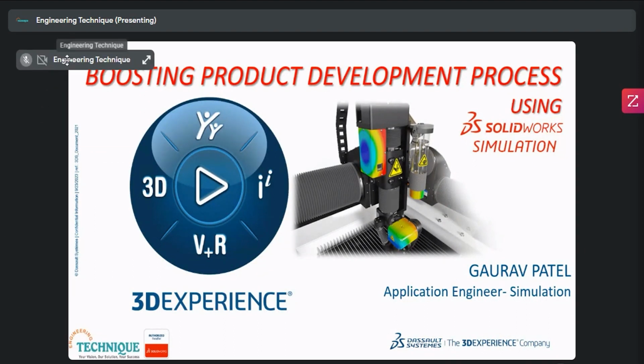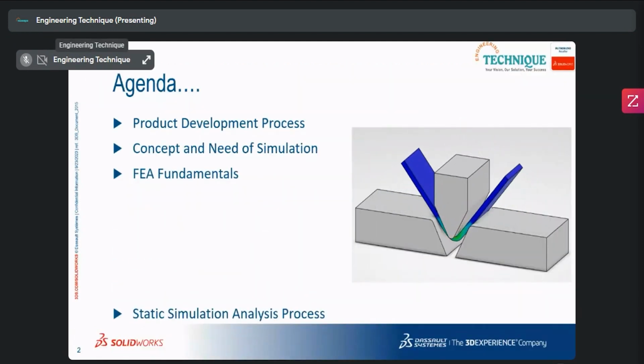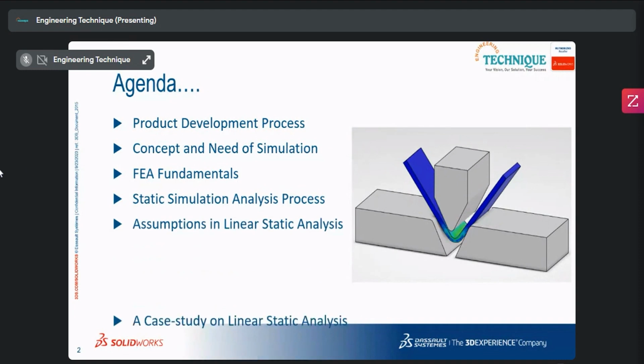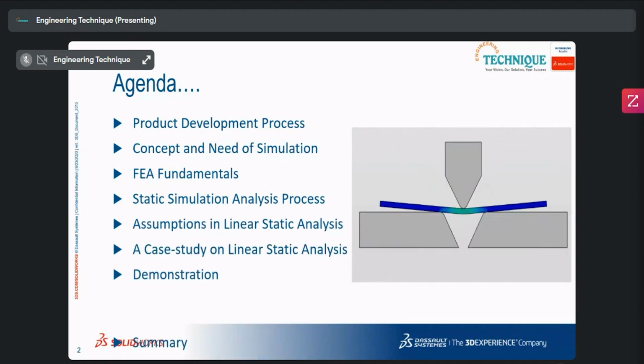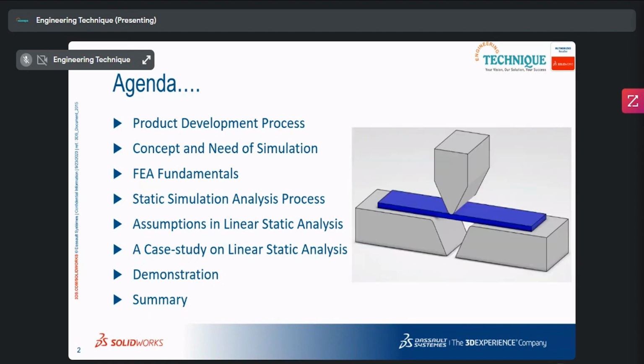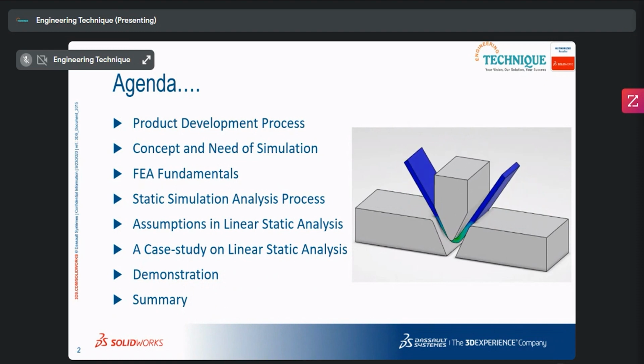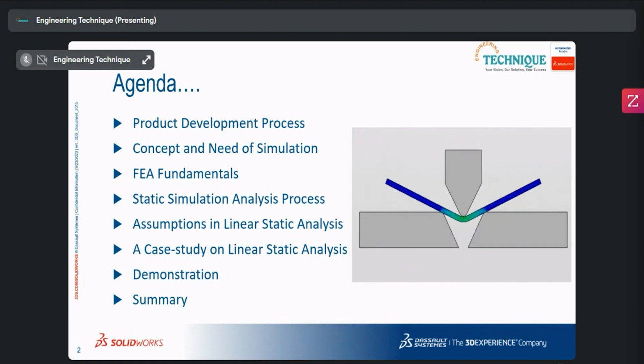Okay, let's start with the agenda of today's webinar. We begin with the basics of the product development process, then concepts and need of the simulation. Then we learn the science behind the simulation. It is FEA, that is finite element analysis.